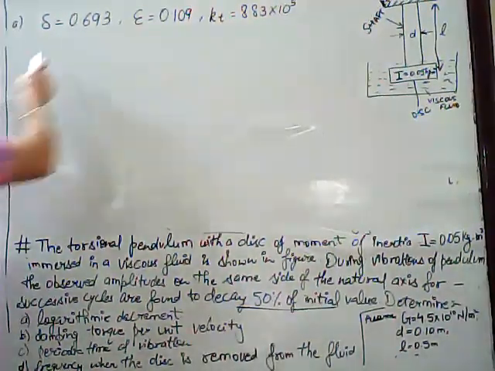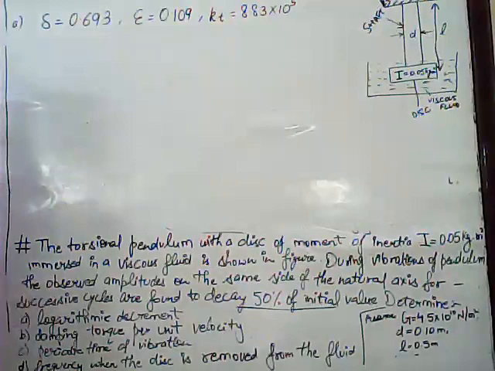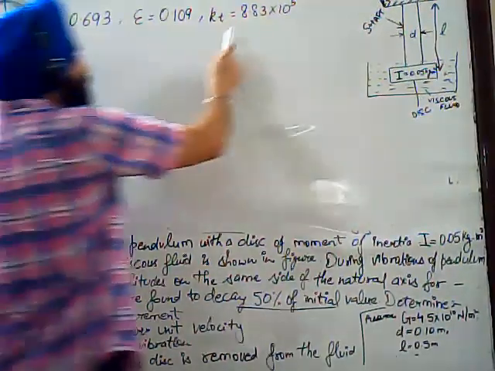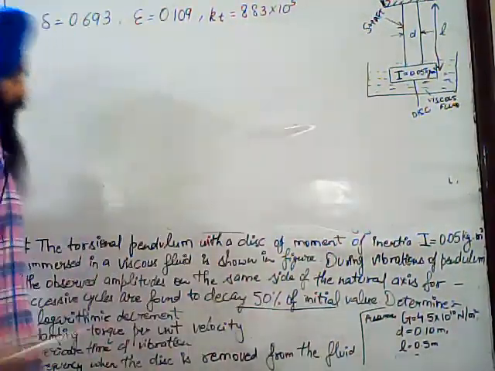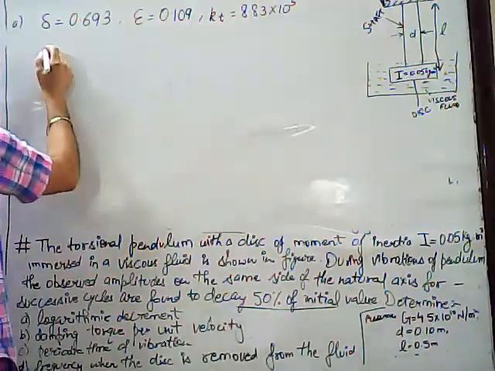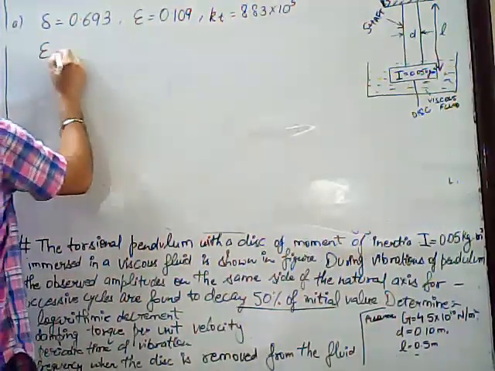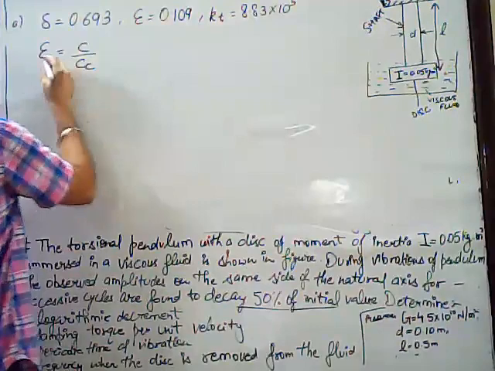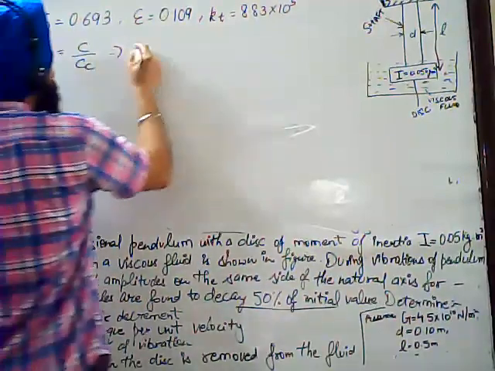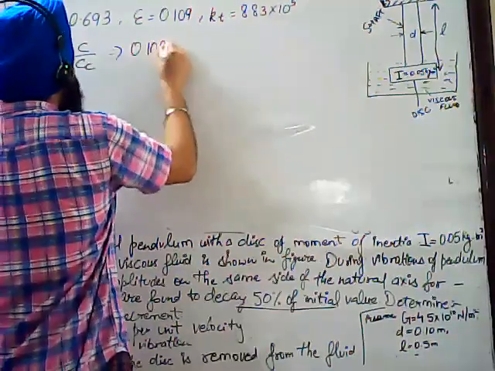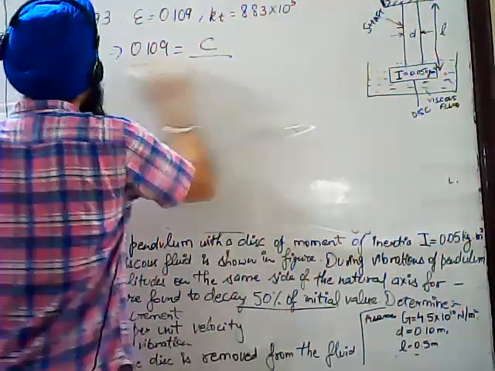So the value of delta is 0.693, damping ratio is 0.109, and Kt is 8.83 into 10 raised to the power 5. So we know that damping ratio will be equal to C by Cc. The value of damping ratio is 0.109. So this will be equal to C by Cc.